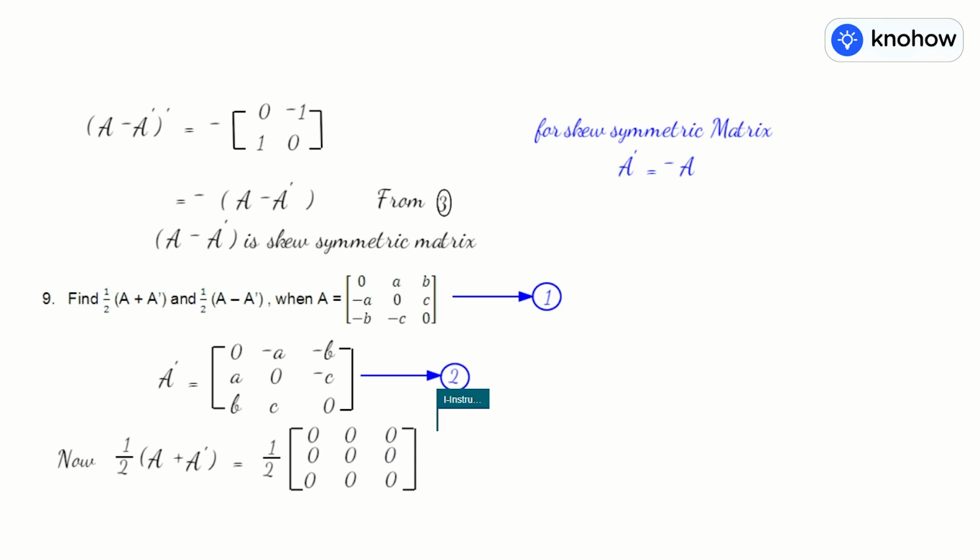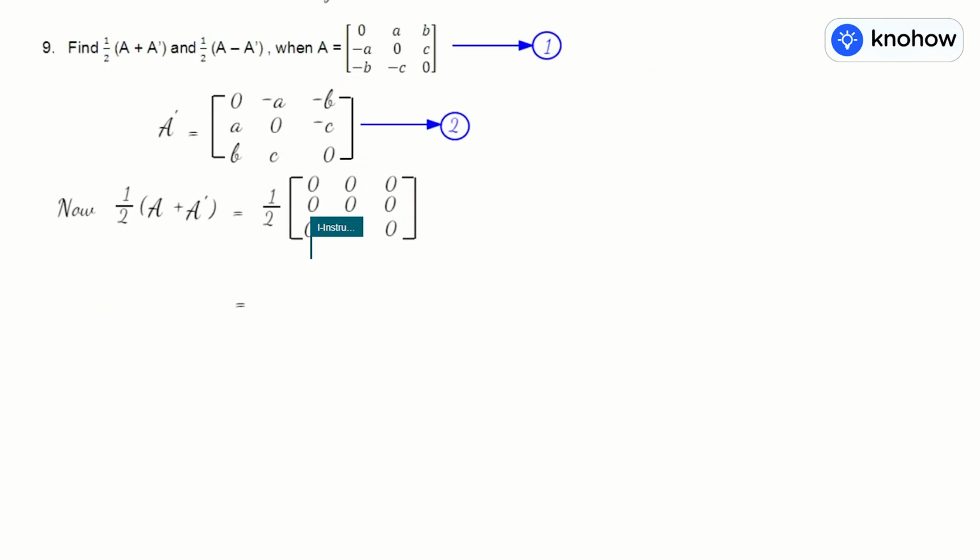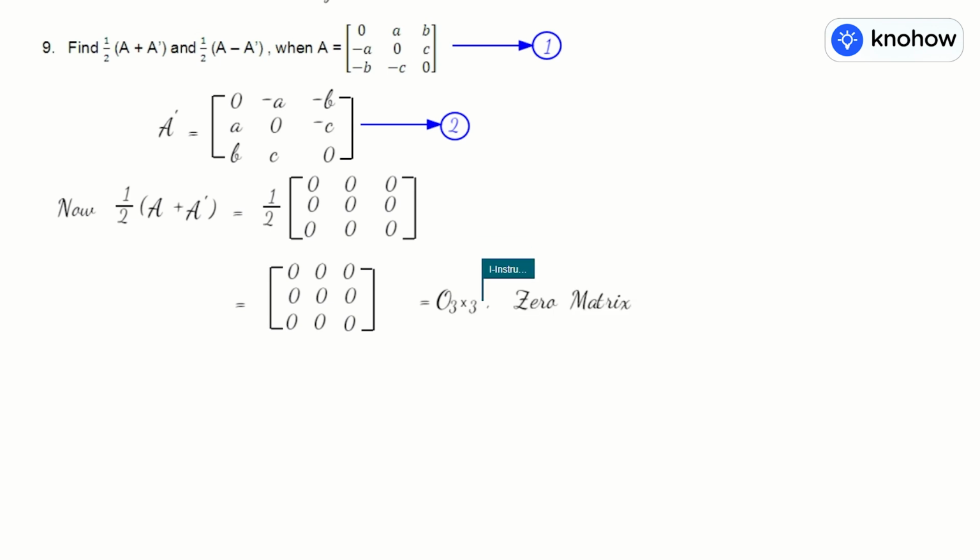So if you multiply by half, it will remain 0. That is a 0 matrix of order 3 by 3. So half A plus A dash is a 0 matrix of order 3 by 3.